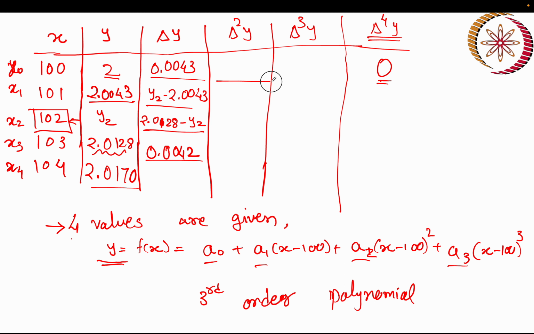Okay, so for the next difference, similarly we have to subtract this 0.0043 from y2 minus 2.0043. So if we do that, it will be y2 minus 2.0086, and next if we do the subtraction, it will be 4.0171 minus 2y2.